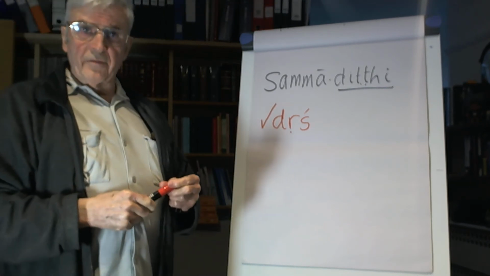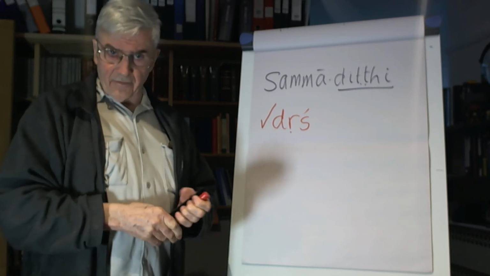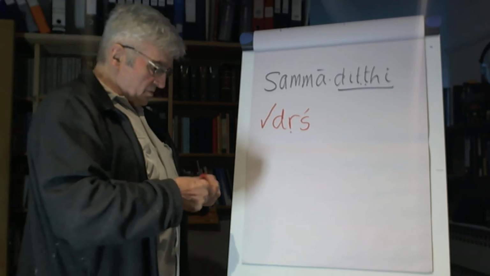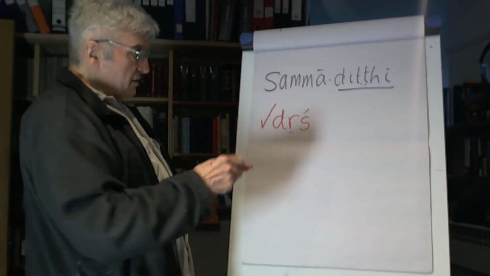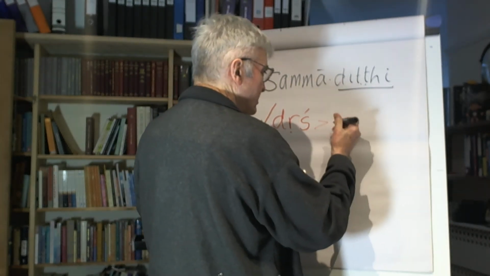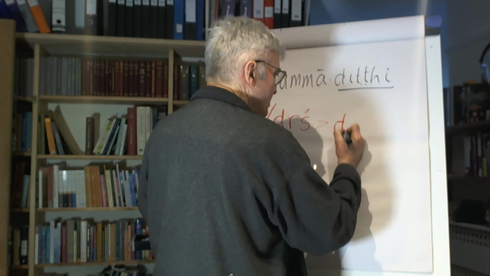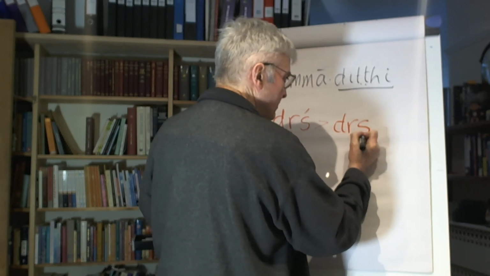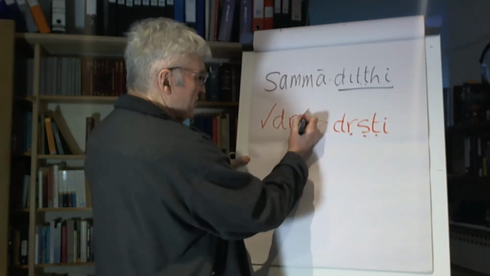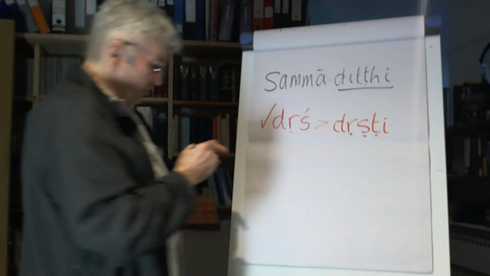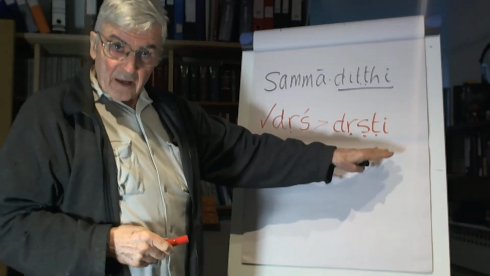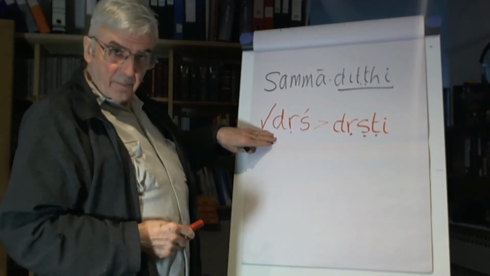A very common way of forming a verbal noun from a root is just to add ti onto the end. So Sanskrit makes drishti. You'll see there's a slight variation in the consonants. Don't worry about that. So the drishti is formed by a regular formation, adding ti to a verb root.